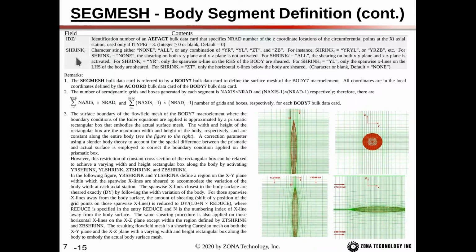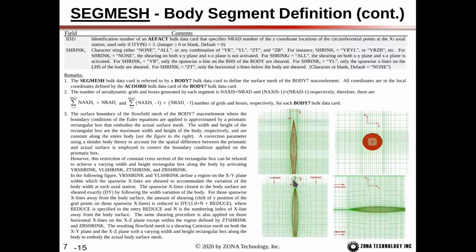And then lastly, we have the shrink field. This is a character string which can be none, all, or any combination of YR, YL, ZT, and ZB. So if we activate the shrink option, which we'll soon talk about, then this one will allow you to activate the shrink for that particular X station.